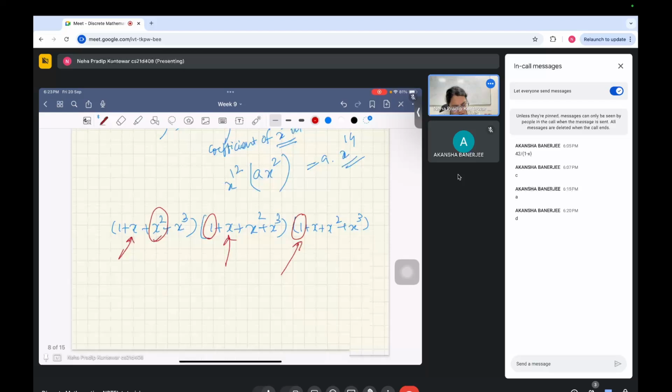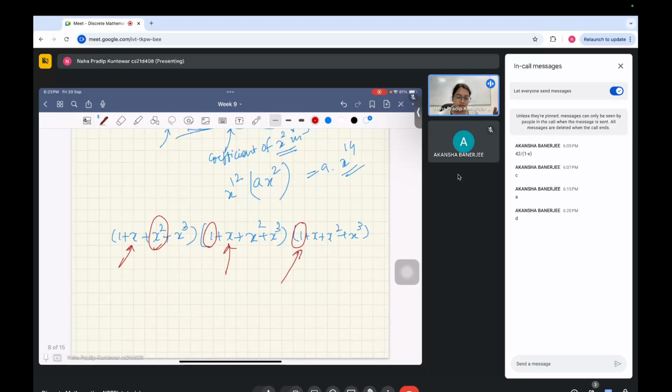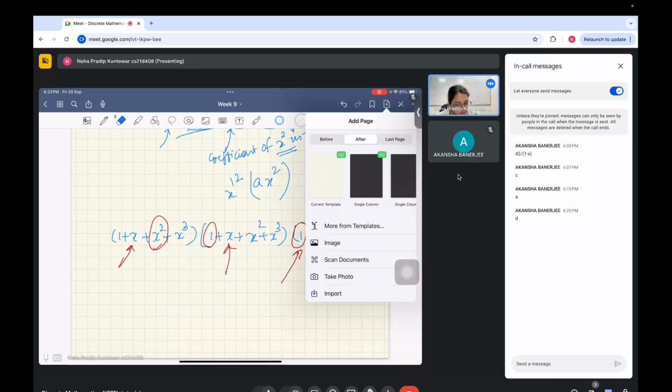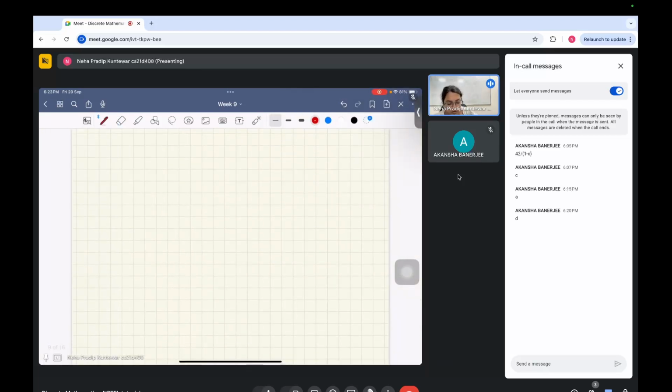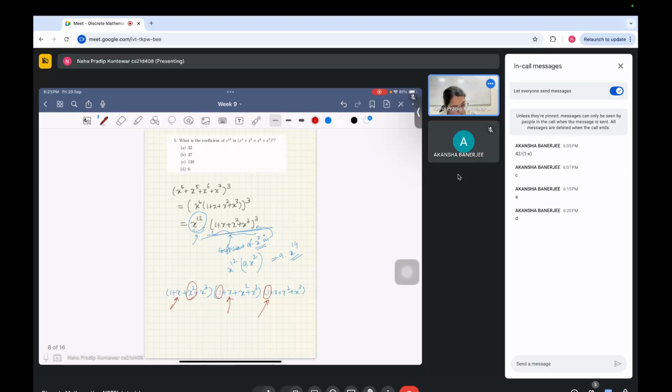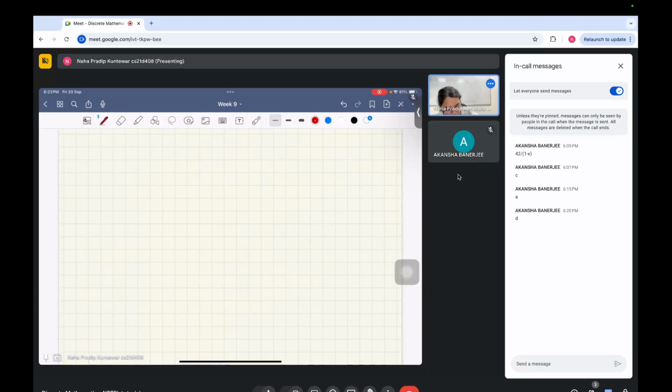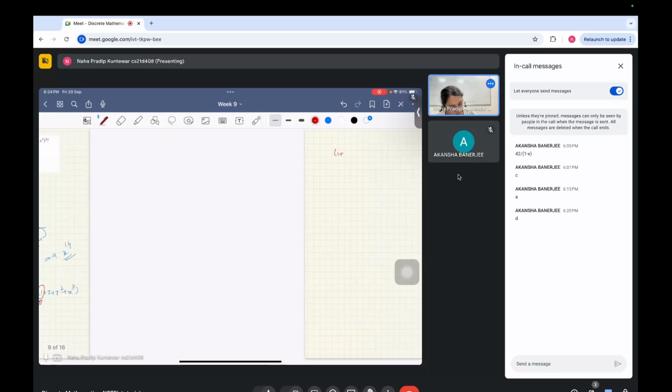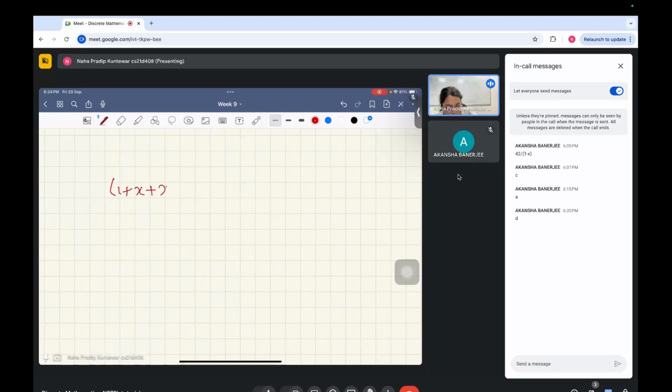Maybe we'll note this down explicitly also, but let's try to use the formula that we did in class. I'll come back to this and we will do this manually also. So you have 1 plus x square plus x cube, and you're looking for the coefficient of x square in this.